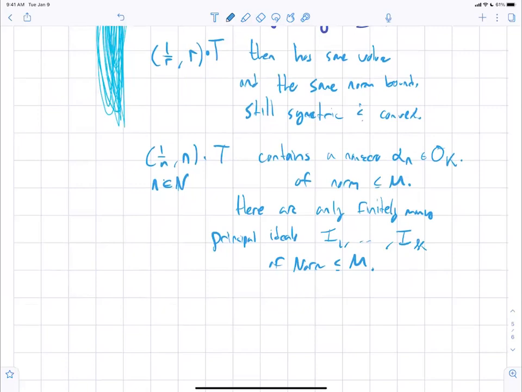Okay, and let's just say I1 is equal to (beta 1). Let me just fix a generator for each of these. Ik is equal to (beta k).